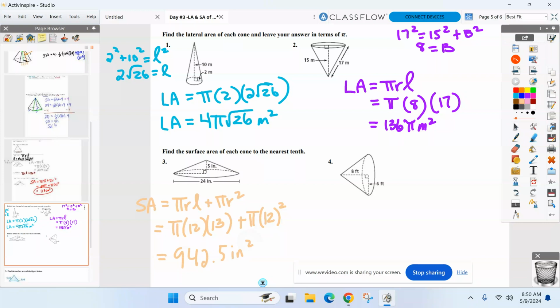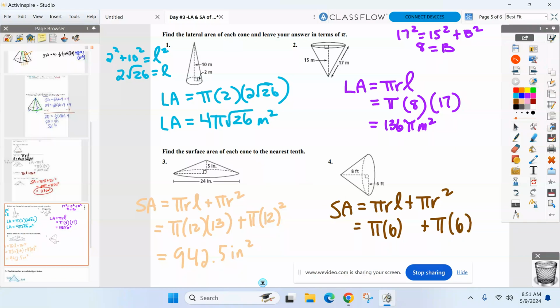Looking good. One more, and then we get to the big dog, everyone's favorite. I'm going to look for the slant height from somebody here in a second of cone number 4.